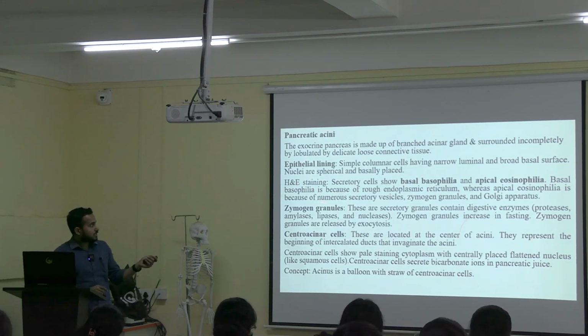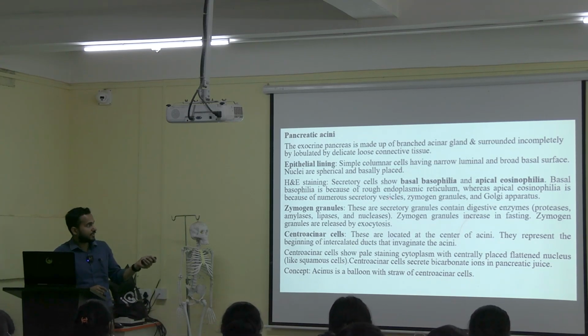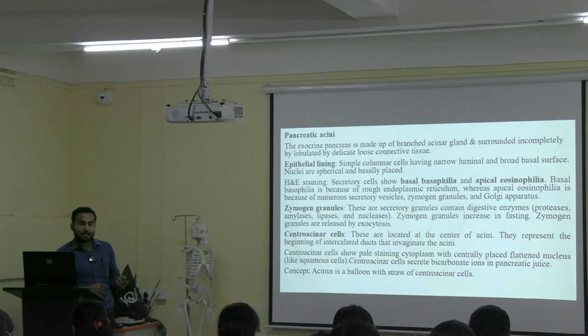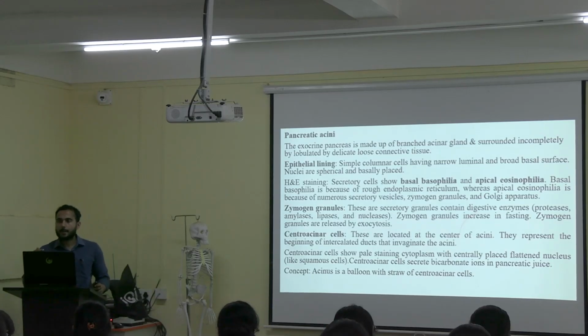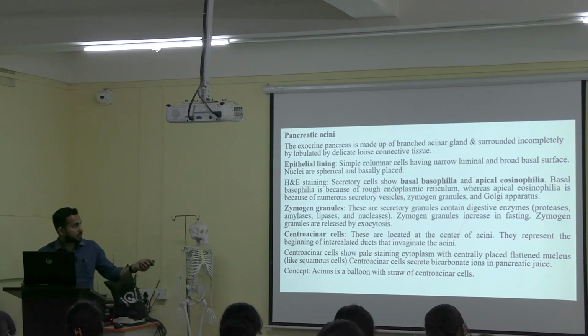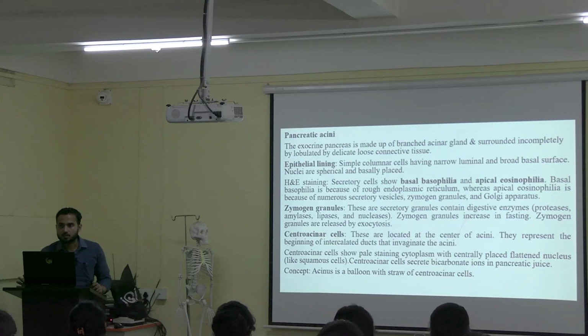Basal basophilia is because of the rough ER, whereas apical eosinophilia is because of secretory vesicles, zymogen granules and the Golgi apparatus. Another important point: the upper, apical part of the cell is granular in appearance because of the zymogen granules. I will show you the diagram, don't worry.